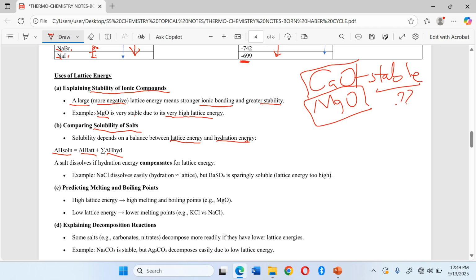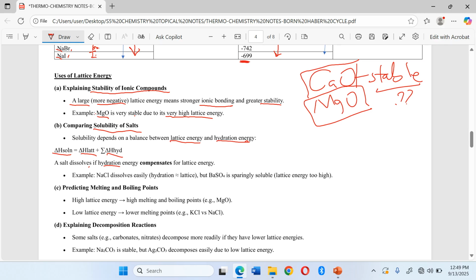So a salt dissolves if hydration energy compensates for lattice energy. If the hydration energy becomes higher than the lattice energy, it will dissolve. If not, it will not dissolve.